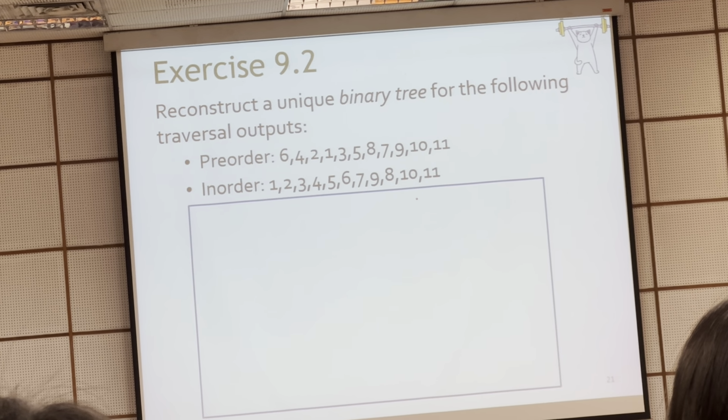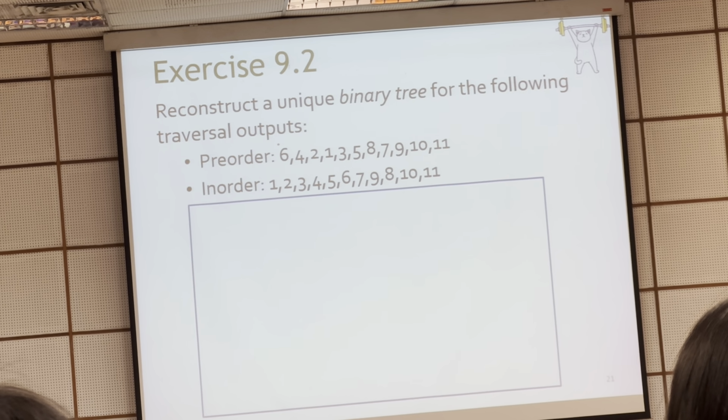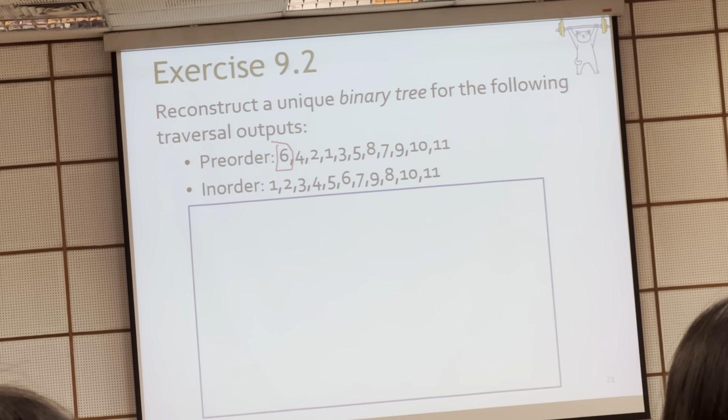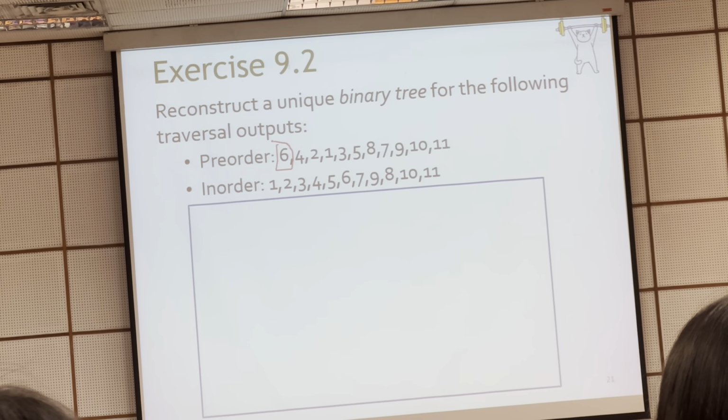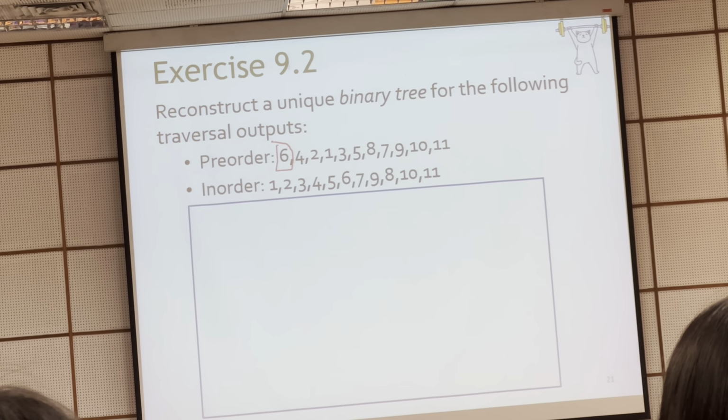So given pre-order, our root will be the first element. In pre-order, the first number is 6, correct? So 6 is your root. Now, of course, we need to have our left subtree and right subtree.